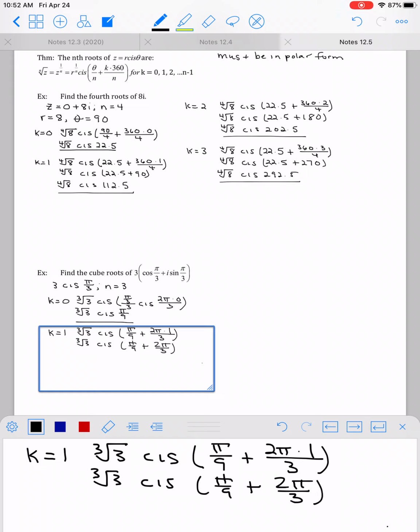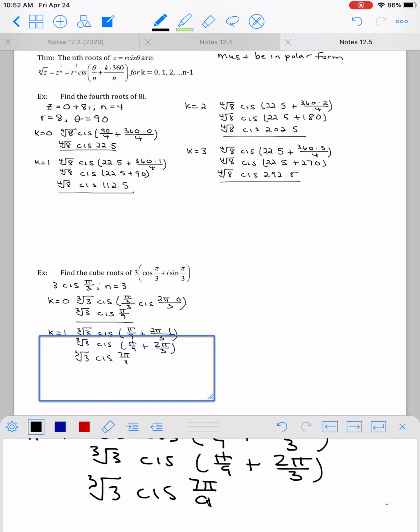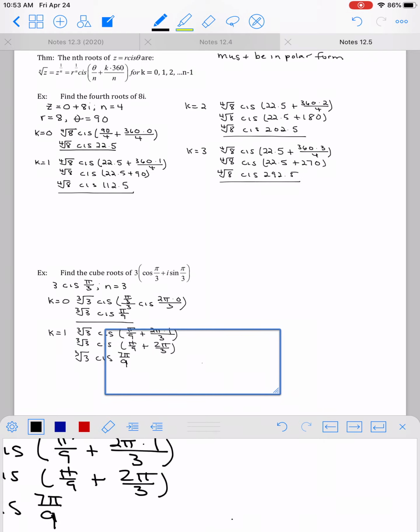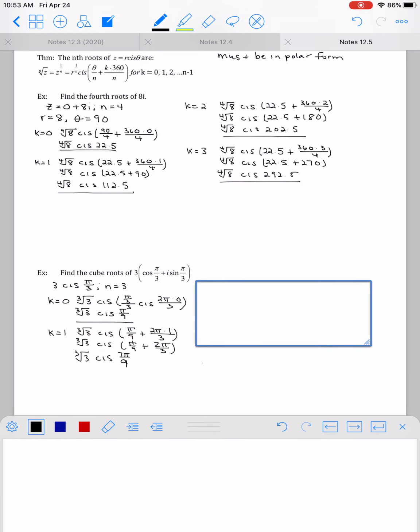Use your calculator to do the fractions if you need. Ignore the pi button. Don't press it. That'll make it crazy. And then this becomes 7 pi over 9. And then our n is 3, so our last one is k equals 2.